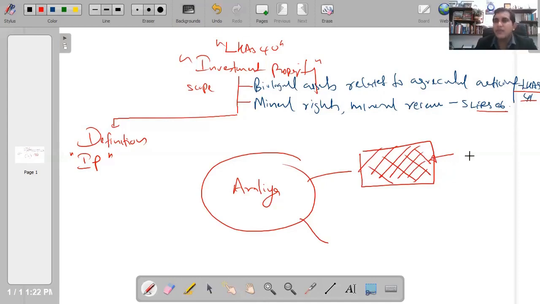Maybe this one is for capital appreciation. Maybe in future the value of this land would go up, and once the value goes up, they can sell it. So that is one. There is a land for capital appreciation.